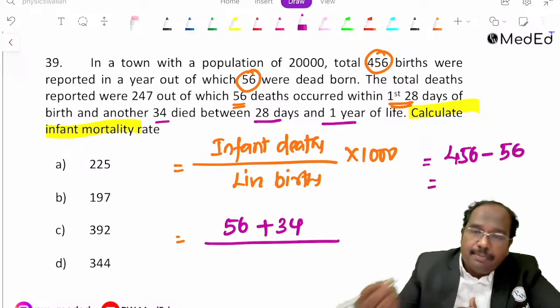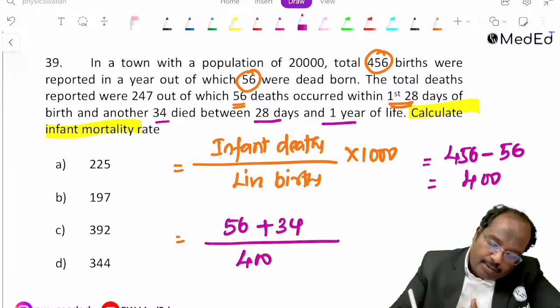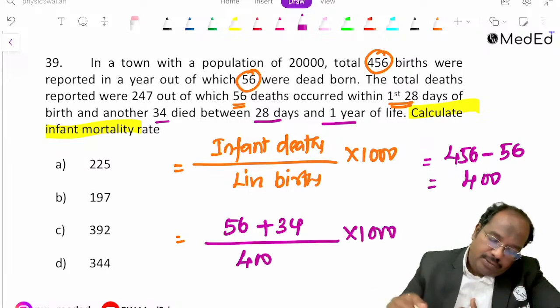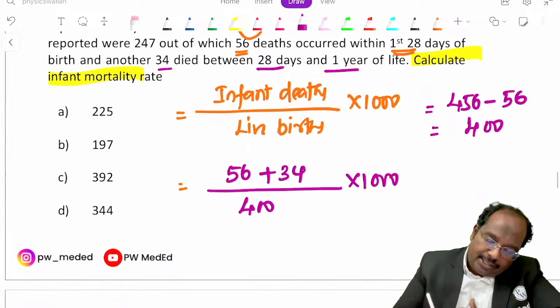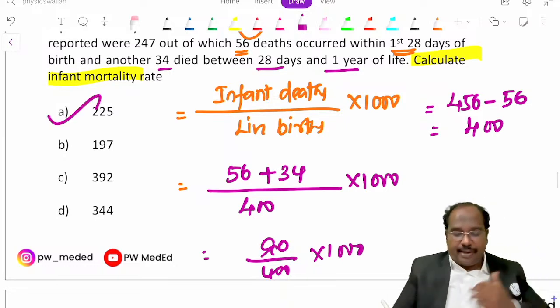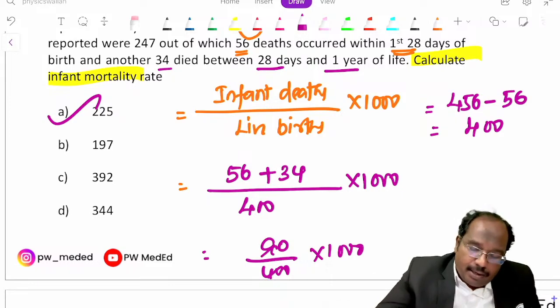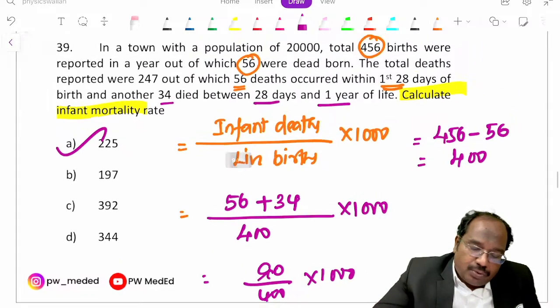So we don't want stillbirths also. That is the only catch here. 90 by 400 multiplied by 1000. If you do the calculation, this is 225, guys.